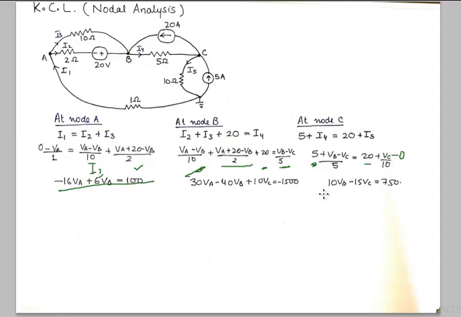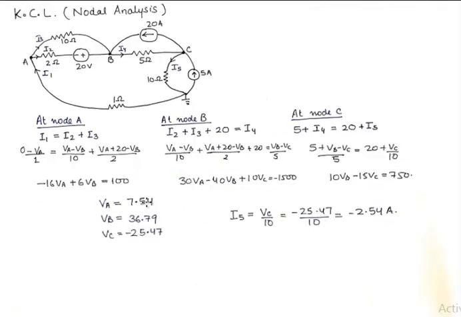So from these three node equations, we get three equations with three variables, and we can find VA, VB, and VC using the 991 ES calculator. So we get VA is equal to 7.54, VB is equal to 36.79, and VC is minus 25.47. We're concerned about VC because I5 current can be found using VC upon 10.